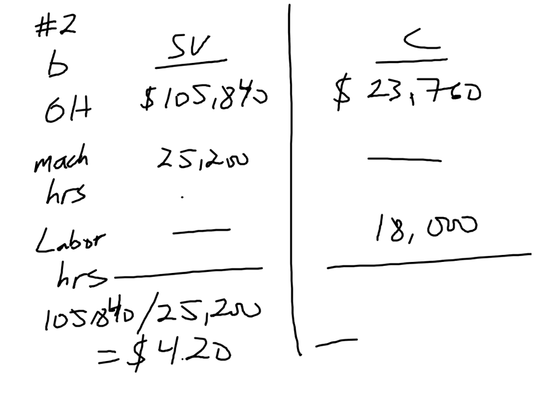So that means that for every machine hour that Department SV uses, they're going to allocate $4.20 of overhead to that department. Now for Department C, we're going to do the same math, but instead of dividing by machine hours, we're going to divide by labor hours. So when we do 23,760 divided by 18,000, we get $1.32. All right, so it's pretty simple math. You just have to read the question and see exactly what they're looking for.